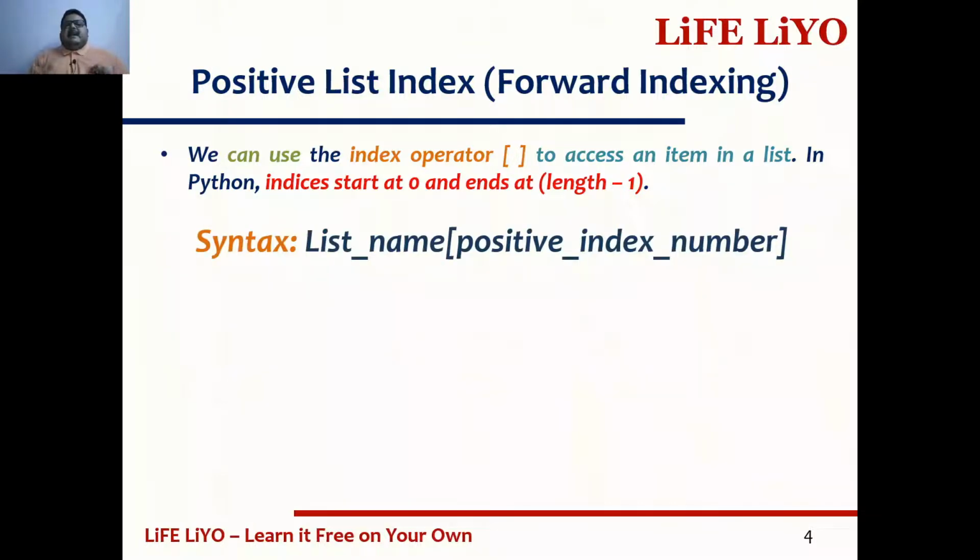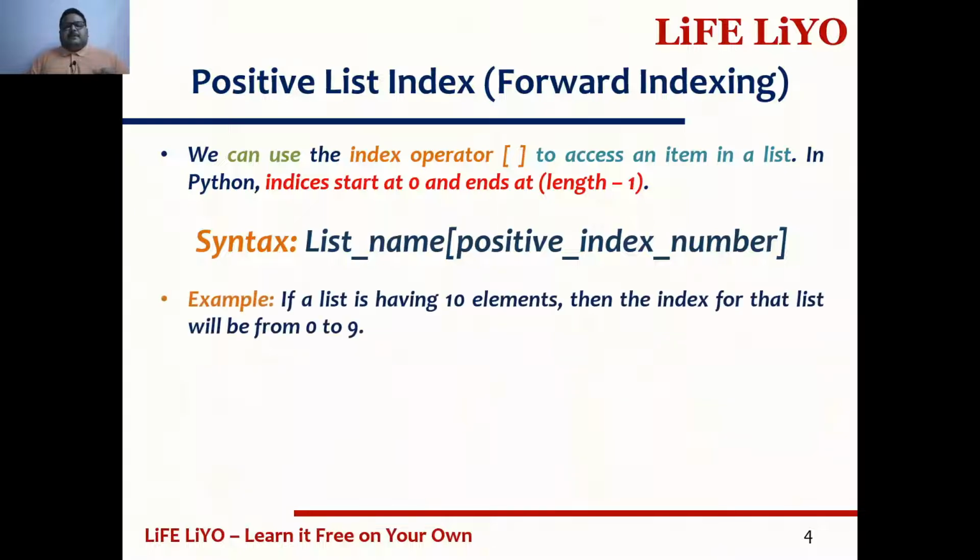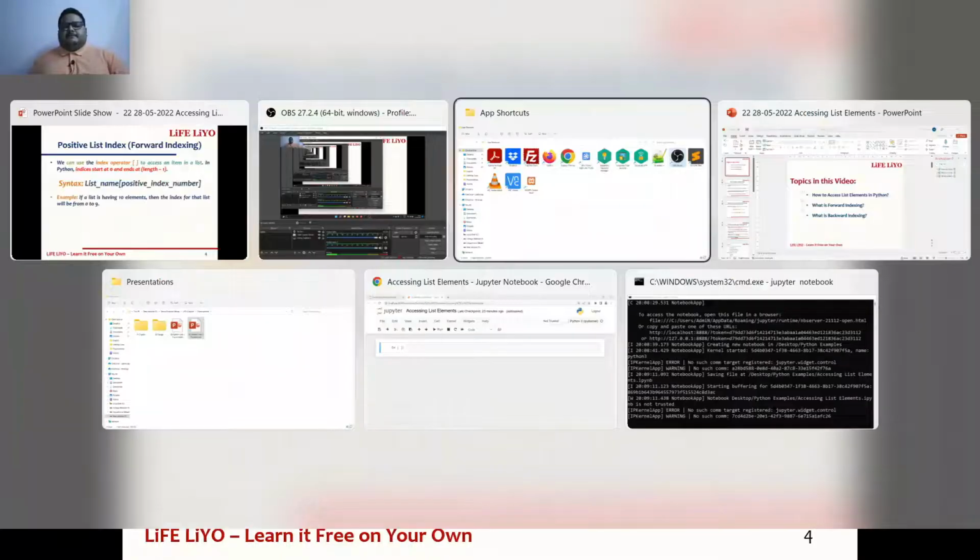Here we will pass the positive index number. Whenever we take a list, it starts from 0 and ends at length minus 1. For example, if you have a list with 10 elements, then the index will start from 0 and end at 9. This is what we know. So let us take the example.